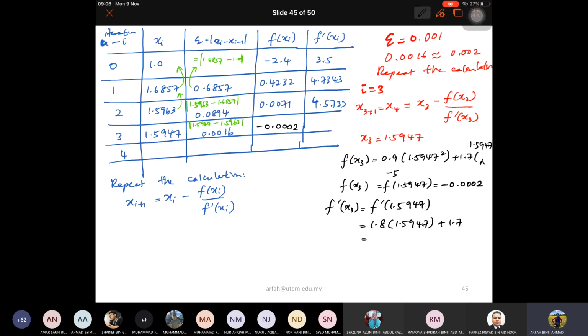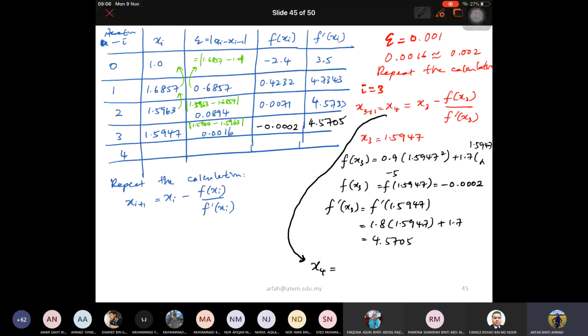Okay. So daripada sini masukkan dalam formula untuk X4 yang ini. So you will get X4 sama dengan X3 is 1.5947 tolak F X3 is negatif 0.002 dibahagi dengan F prime X3 is 4.5705.